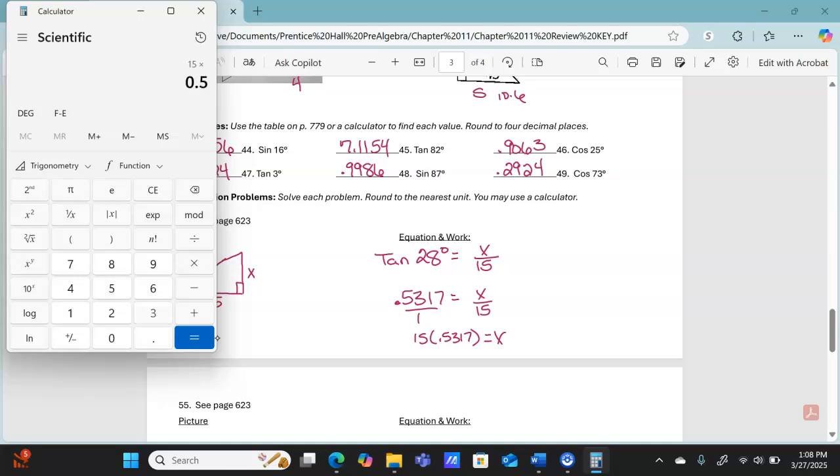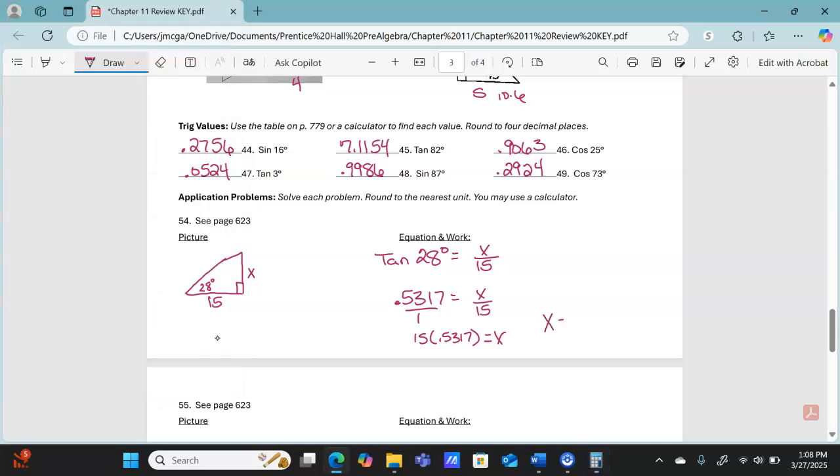And I told you on these you could use a calculator just because we've got such arduous calculations. So it says round to the nearest unit, so do 8 feet.